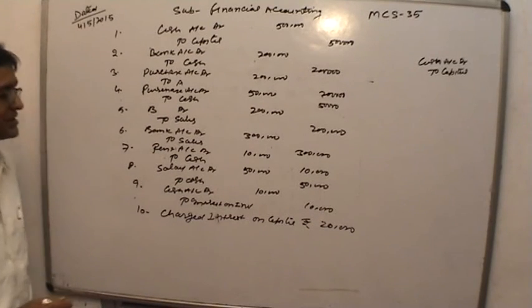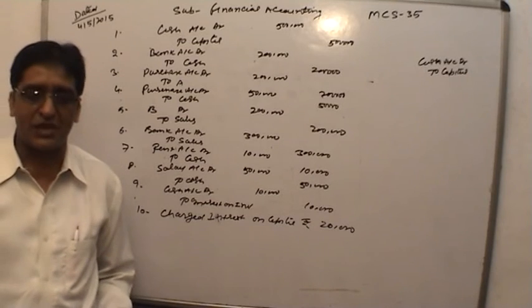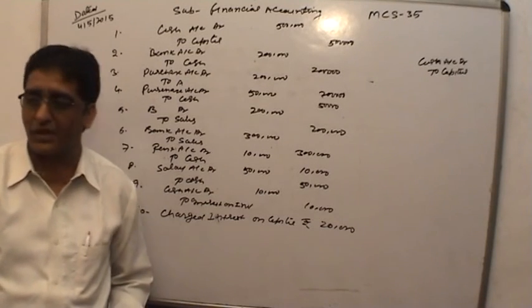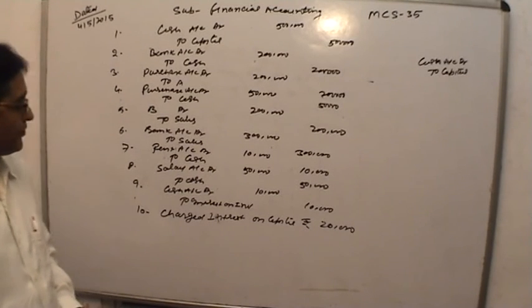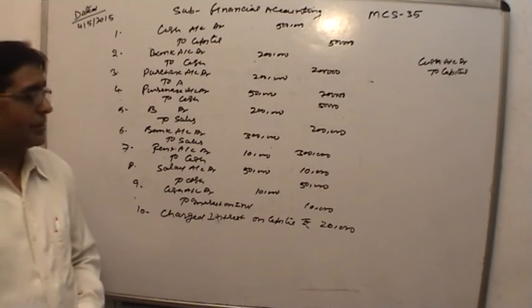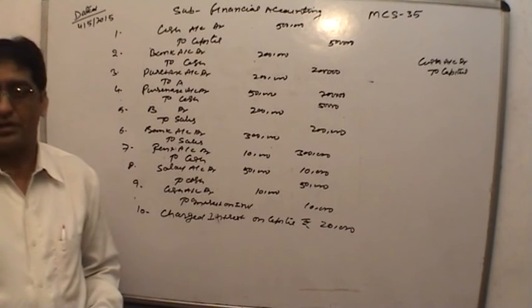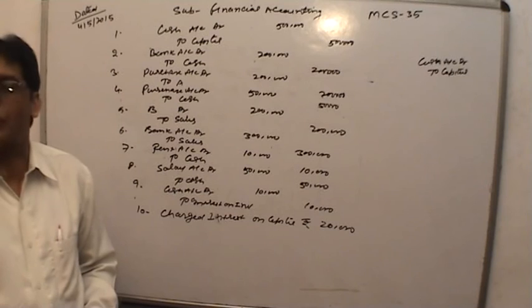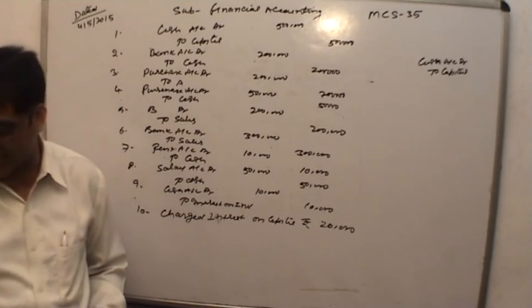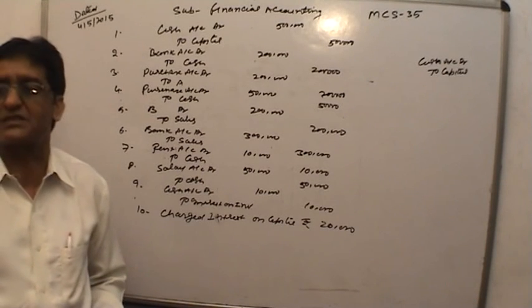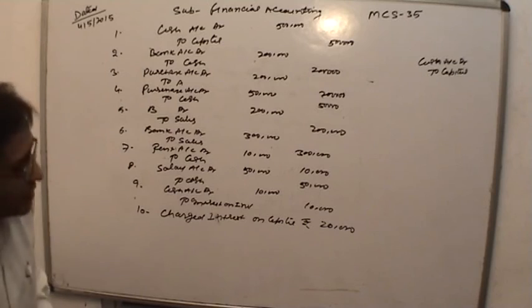And last transaction is charge interest on capital rupees 20,000. In this case we have not received any amount and not paid any amount, therefore we have charged only. So the capital is increased and we have also lost something, that means an expenditure of interest on capital is charged, therefore interest on capital account debit and to capital account credit.